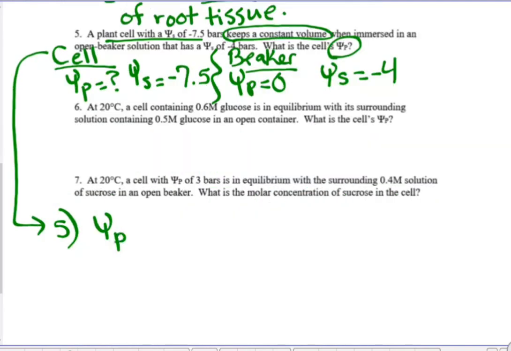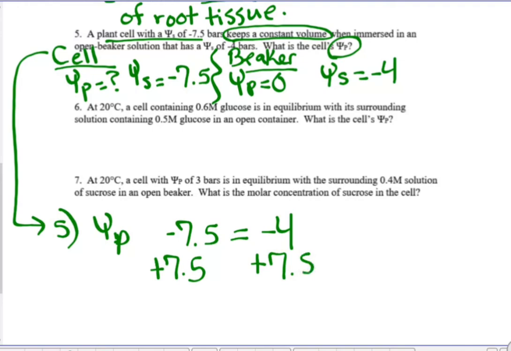Okay, and I've come down here to the bottom so that I have more space. I'm setting these equal to each other. Okay, the pressure potential is my unknown. So pressure potential plus negative 7.5 is equal to negative 4, the water potential of my beaker. I'm going to add the 7.5 to each side.